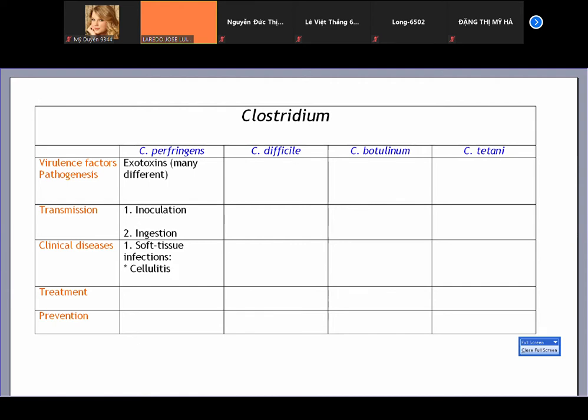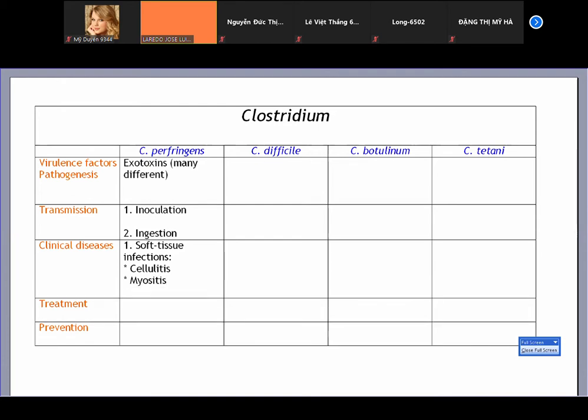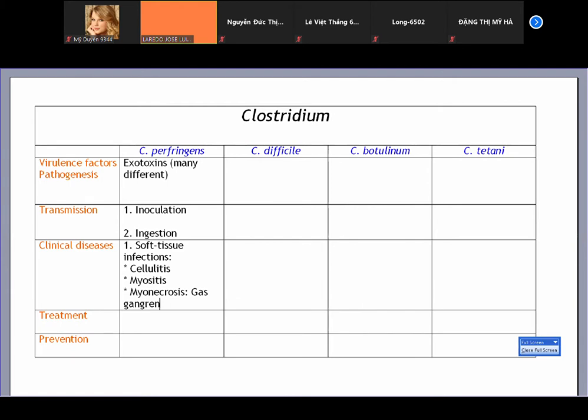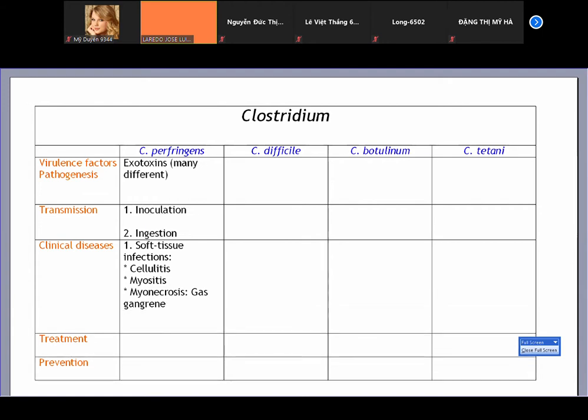For example, myositis, infection of the muscles, or myonecrosis. This is the most severe. Myonecrosis is also called gas gangrene. This is very, very severe. Transmitted through inoculation. When Clostridium perfringens is acquired through ingestion, Clostridium perfringens will produce enteric infections.